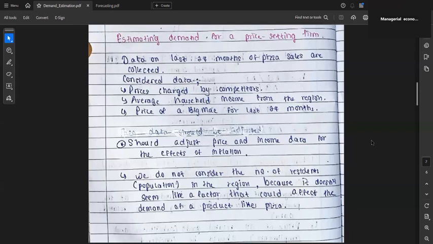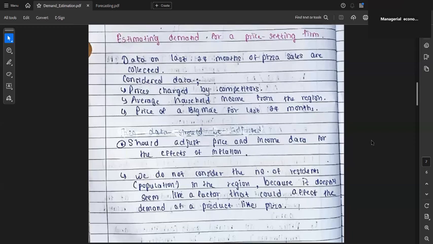For a product that has seasonal changes, you might have to take quarters. For products that have daily changes in demand, you might take the changes for each day.